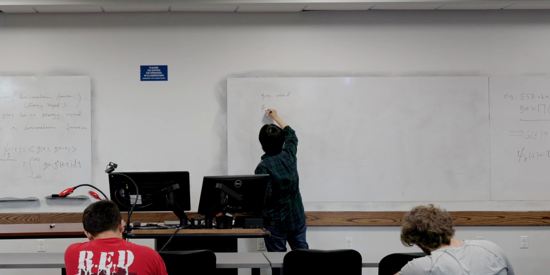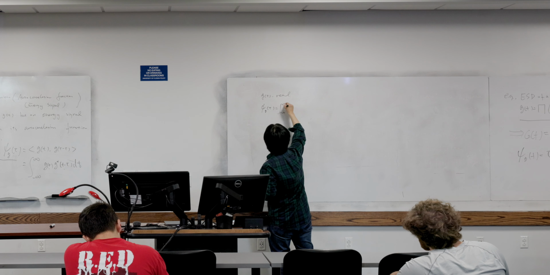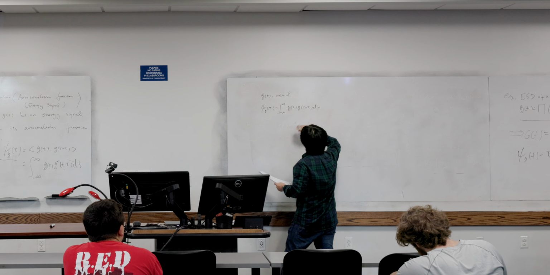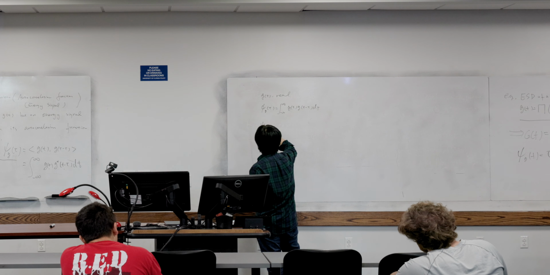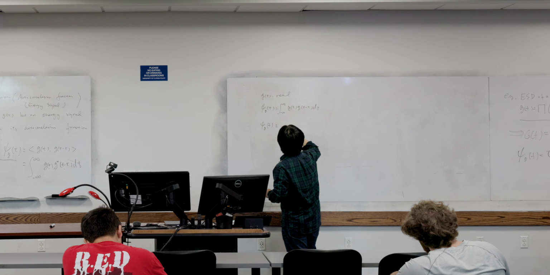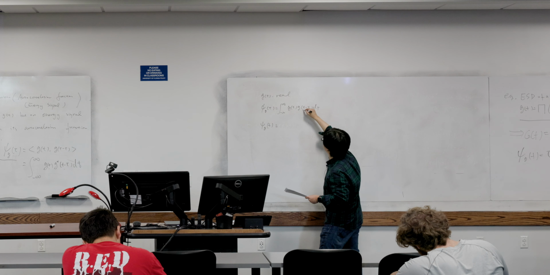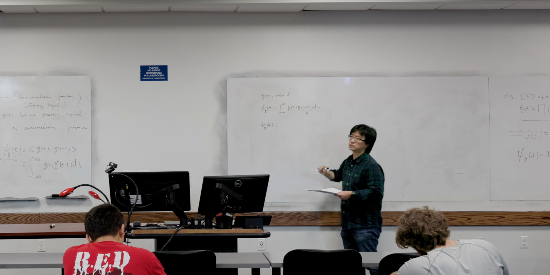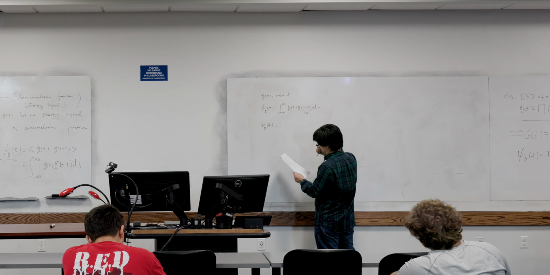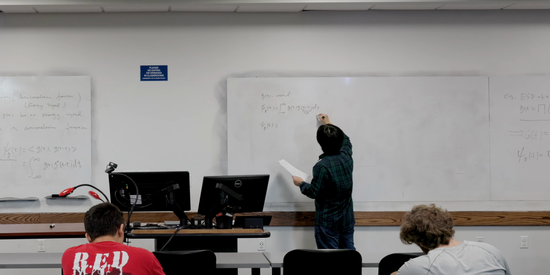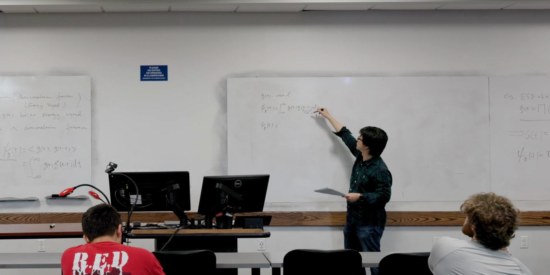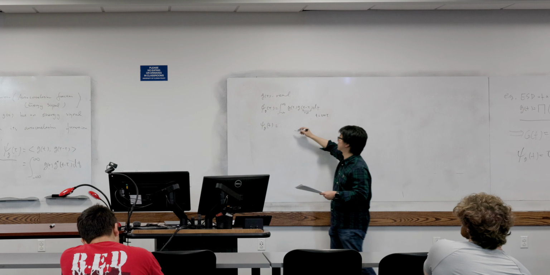Now we can write that as this, so we don't need a conjugate. The first property is as follows. Let's do some substitution: let t minus tau equal u, then t equals u plus tau. So let's use u to substitute that and see what we get.